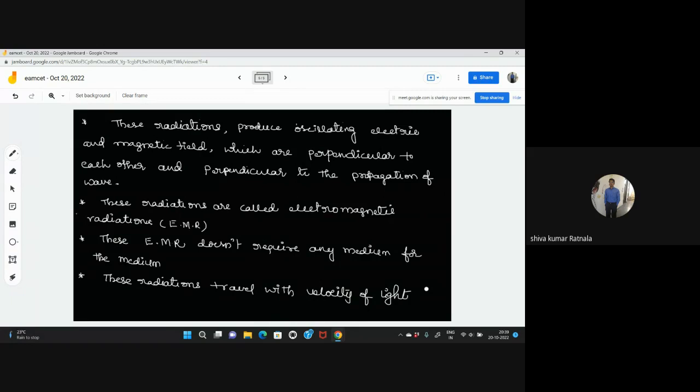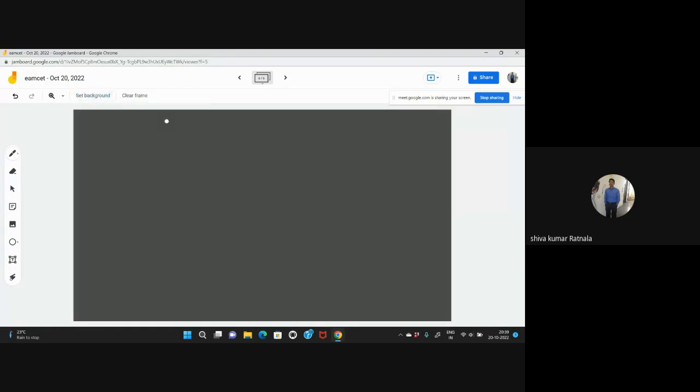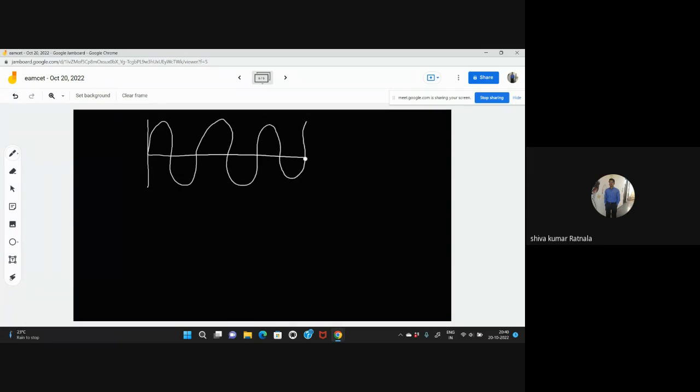Simply put, the light emitted from any source comes in the form of waves, continuously, like this. This is the point you need to remember.